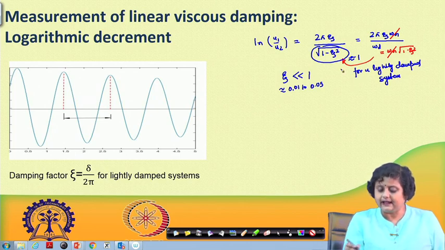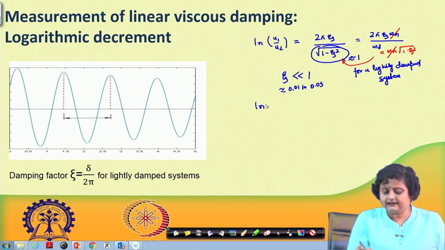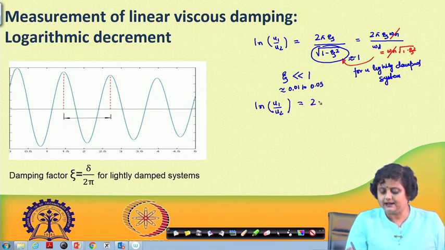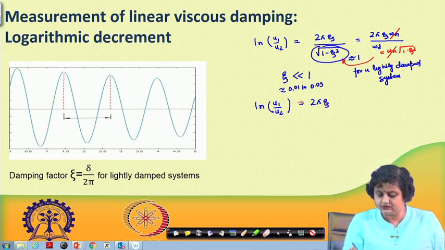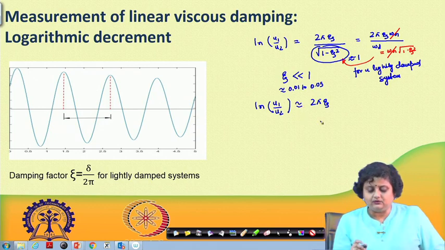Okay. So, for a lightly damped system where zeta is much less than 1, this can almost be said to be equal to 1. So, in that case my ln u1 by u2 becomes almost equal to 2 pi zeta.